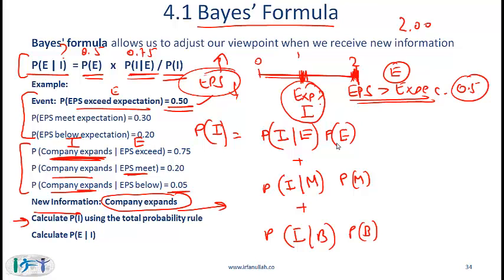We have all these probabilities. Probability of I given E is 0.75. Probability of E is 0.5. Probability of I given M is 0.2, and the probability of M is 0.3.